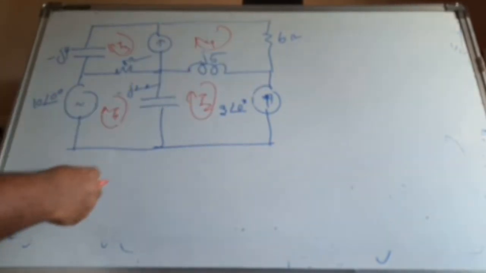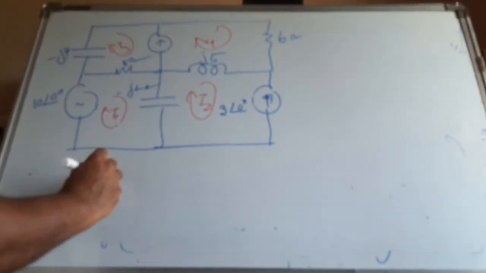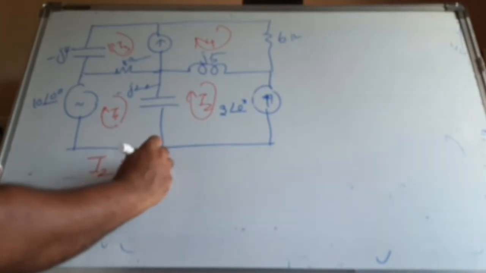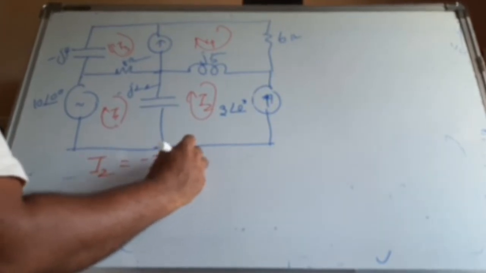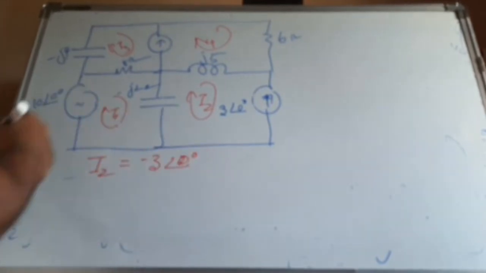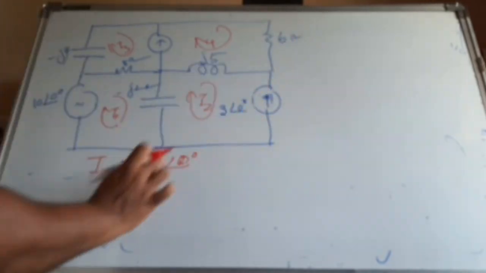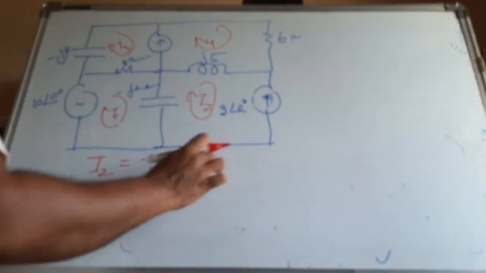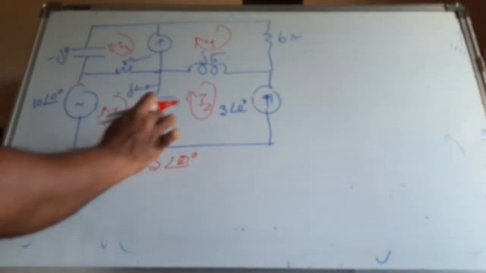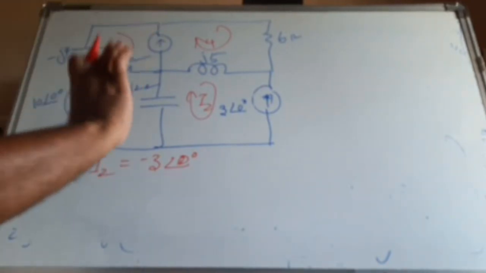There is a current source given, so I can write directly I2 is equal to minus 3 angle 0 degrees. Why? I pointed from top to bottom, but this source current is flowing from bottom to top. So I can say this is minus 3, so I2 is directly found. Okay, first part is over.